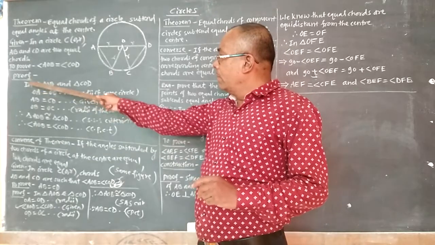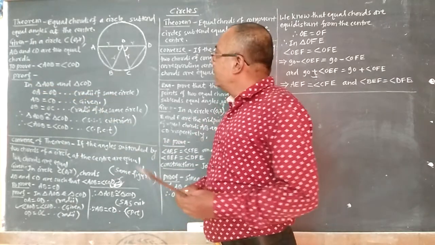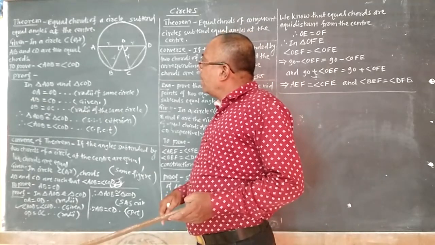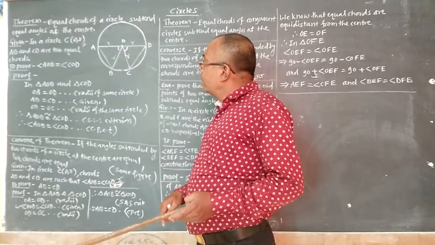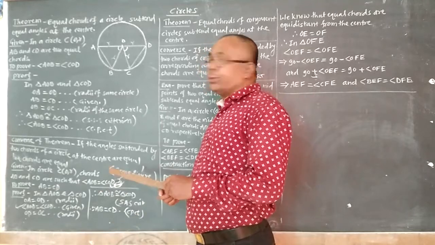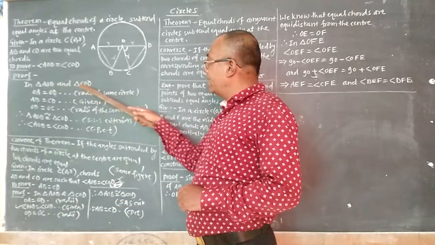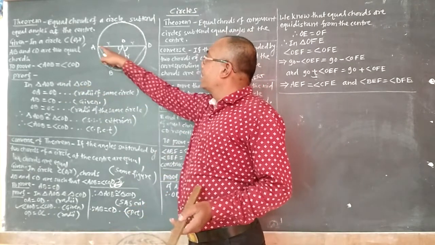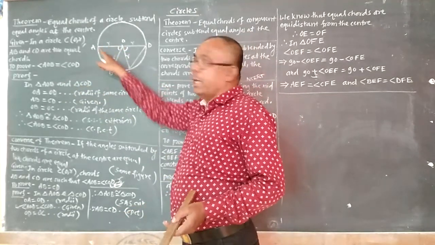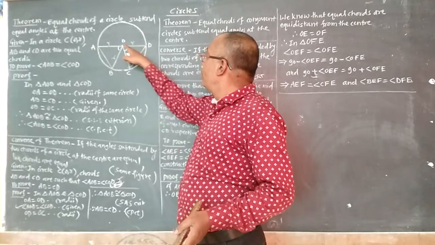And now the proof. Here we get two triangles, that is triangle AOB and triangle COD.